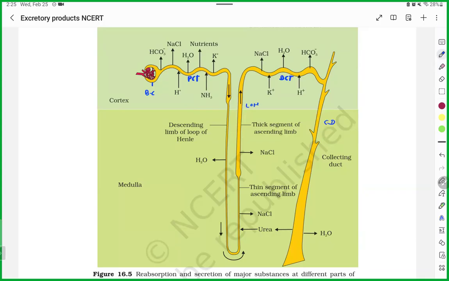The descending limb of the loop of Henle is permeable to water. Just remember one thing: permeable to water, and everything else will become easy.